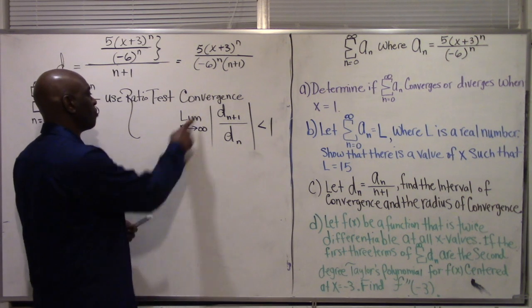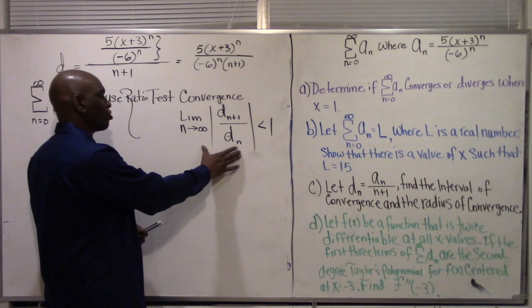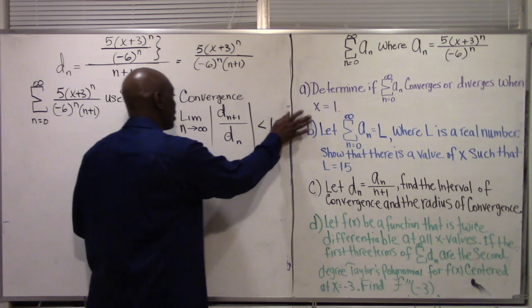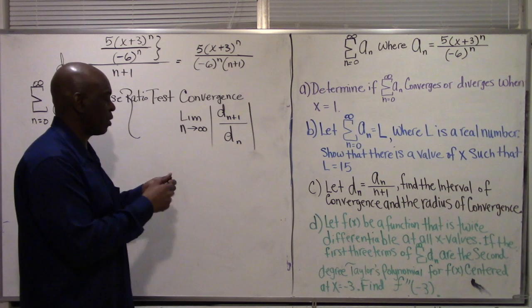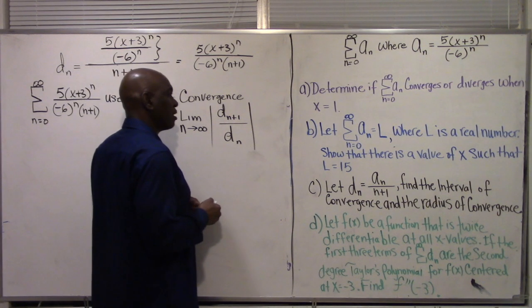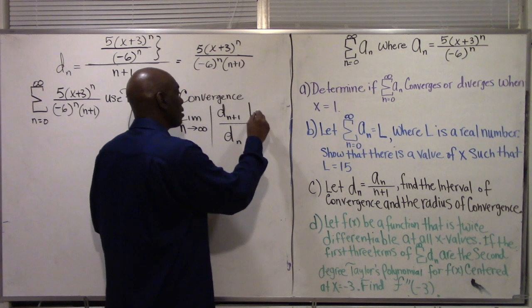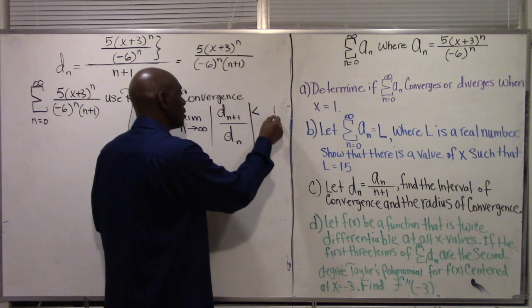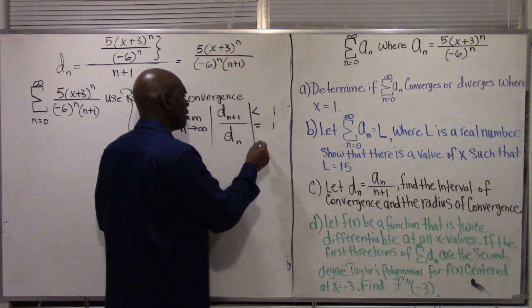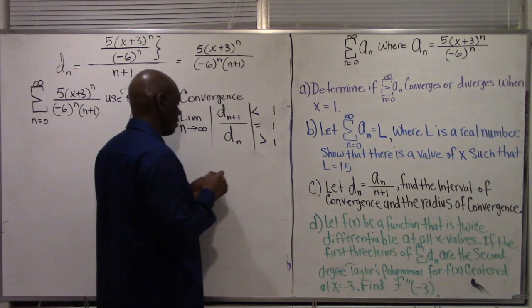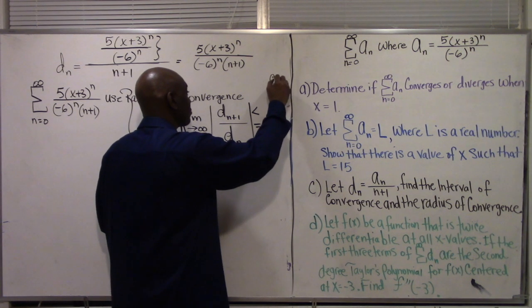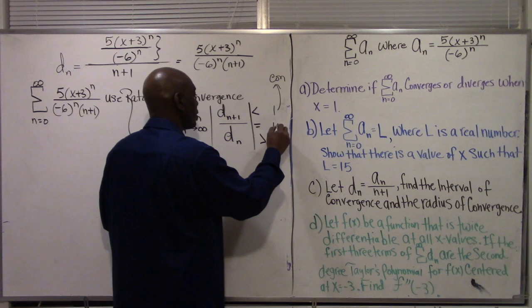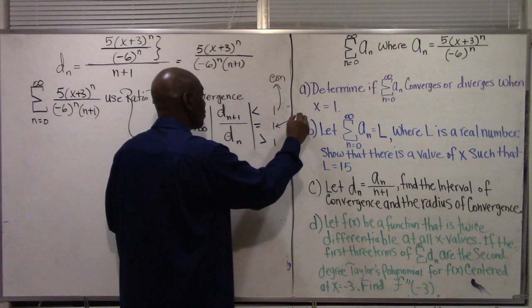So this is the convergence of the ratio test if this is true. Better yet, another way to write it is like this. Less than 1, equal 1, greater than 1. This one is convergent. This one is inconclusive.